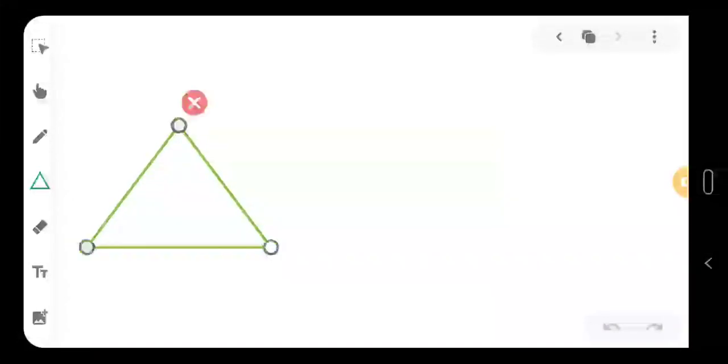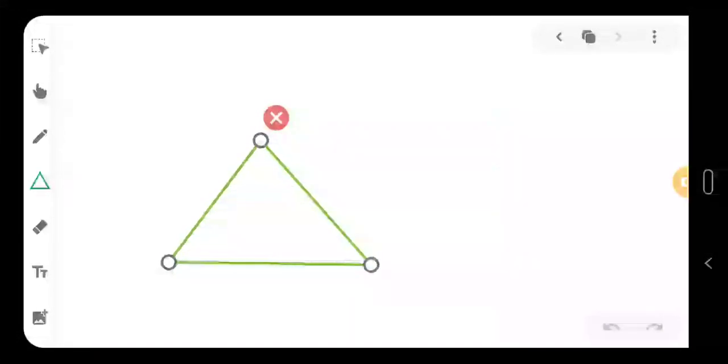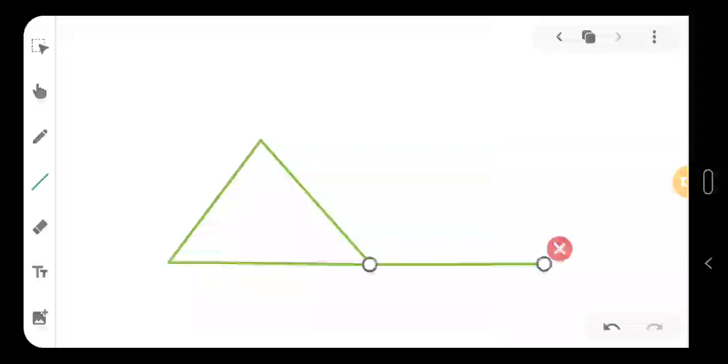So I am drawing here something which looks like this. Now we know this is a triangle and there is a straight line, right? For a triangle, the summation of all the angles is 180 degrees.